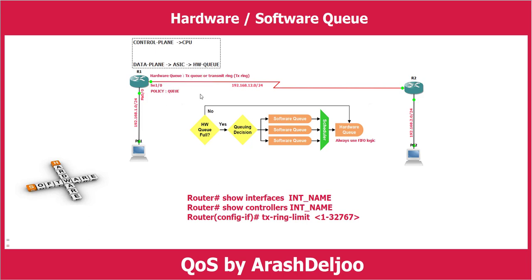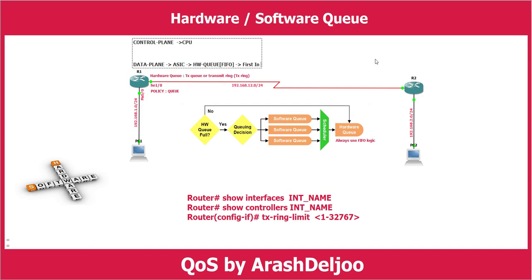But let me emphasize that the hardware queue only uses the logic of FIFO, or first in, first out. I will explain the different logics of queuing, but first in, first out means when a packet enters this queue, that packet should be forwarded before the next packet.